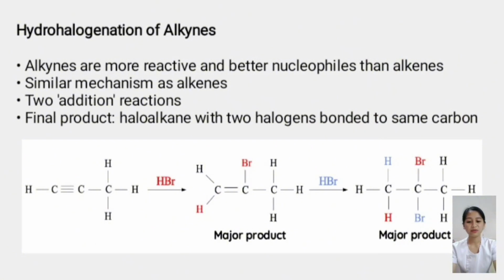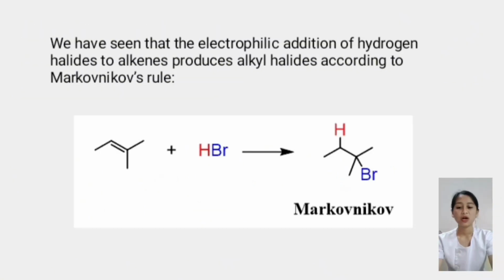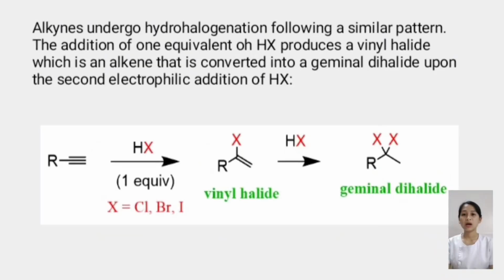Alkynes are more reactive and better nucleophiles than alkenes. Similar mechanism as alkenes, an addition reaction, and the final product is the haloalkane with two halogens bonded to the same carbon. We have seen that the electrophilic addition of hydrogen halides to alkenes produces alkyl halides according to Markovnikov's rule. Alkynes undergo hydrohalogenation following a similar pattern.